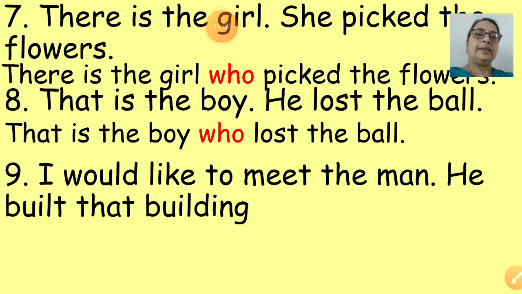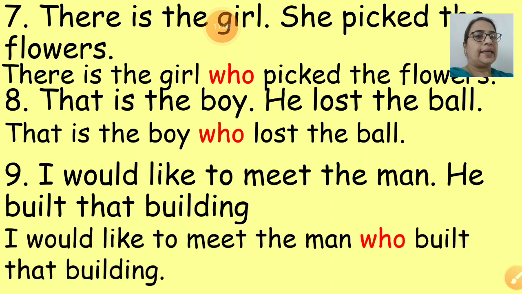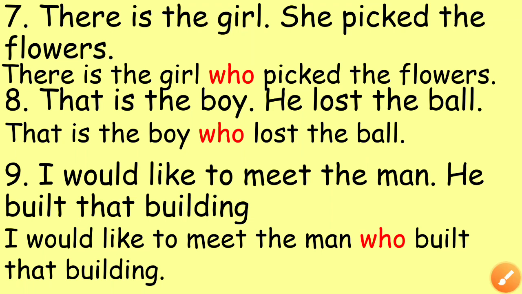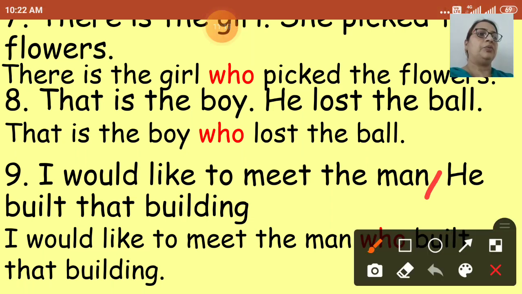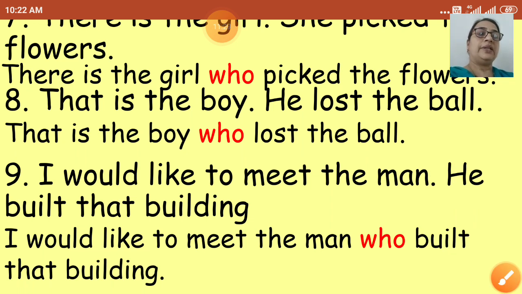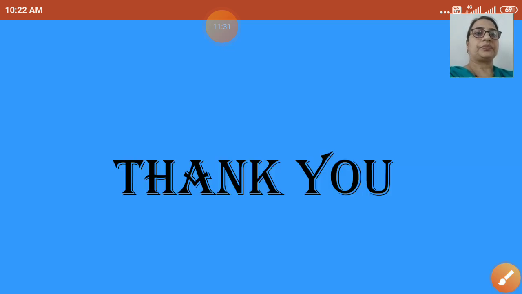And the answer is, I would like to meet the man who built that building. Again, I revise, children, what we have done. We have removed the full stop and the pronoun, and we have added the word who to join these two sentences. That's what we did while solving this question.